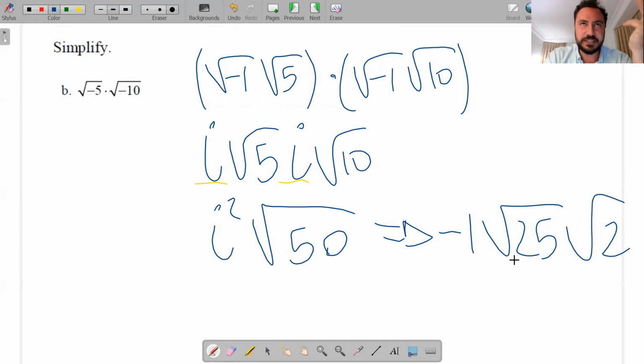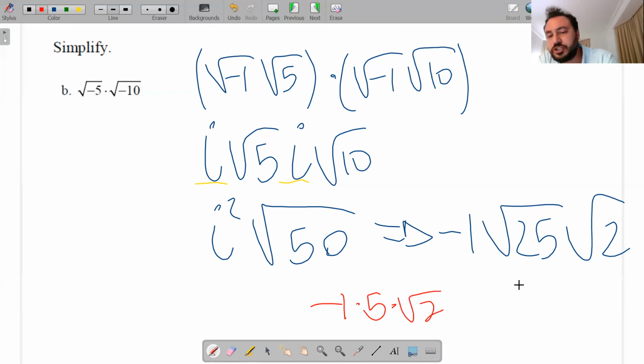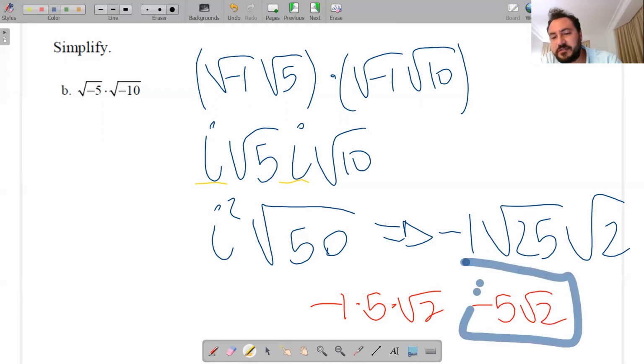Since I know that 5 by 5 is 25, and the square root of 25 is just 5, I simplify, and I know that my final result will be -1, times 5, times square root of 2, which is -5 square root of 2. That's my final answer.